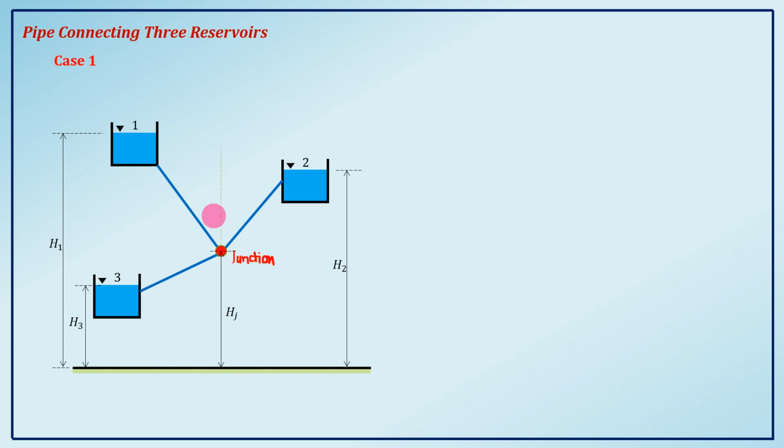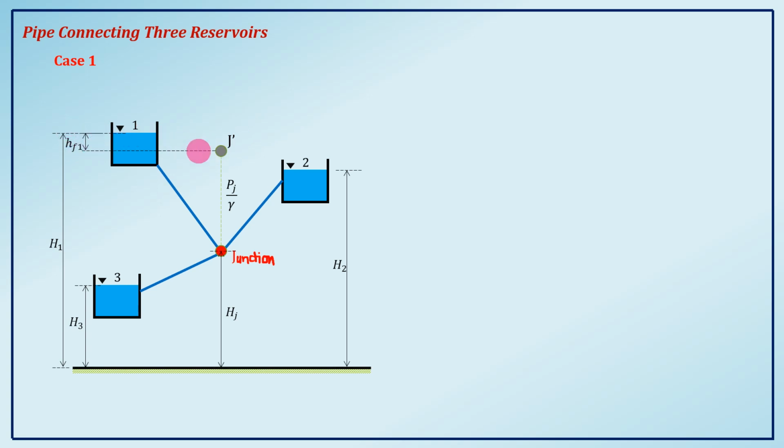So, let's say, no, at the junction, we have this point, J prime. Yan yung certain na pag-angat due to the pressure head at the junction. So, that is PJ over your gamma. Now, if you know that J prime, madali mo nang makukuha yung head loss from your reservoir to the junction. So, that is just, no, measured, no, from the liquid surface to J prime. So, that is your HF1.